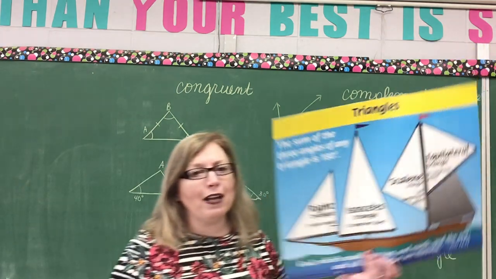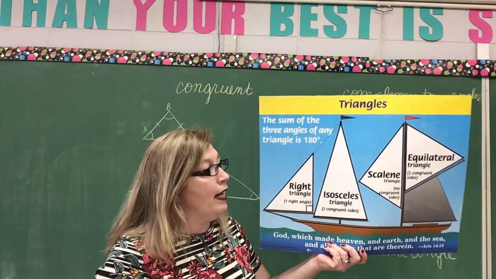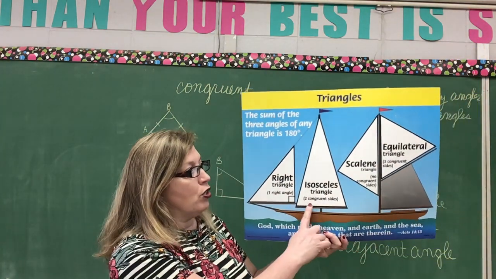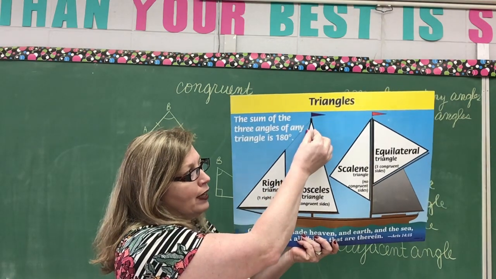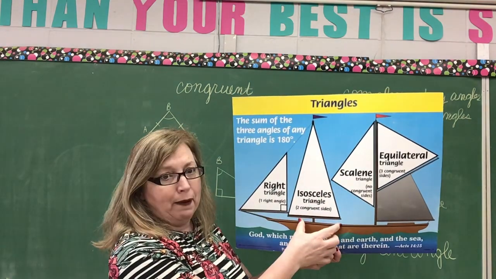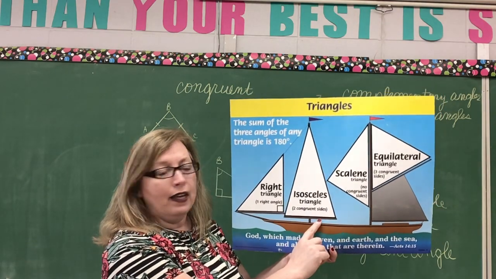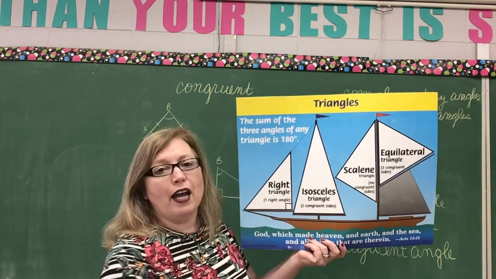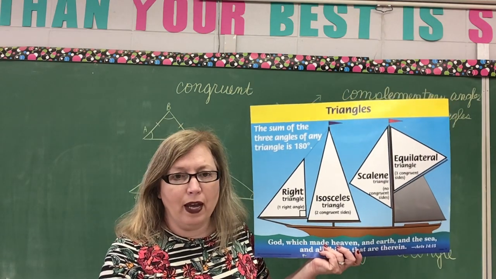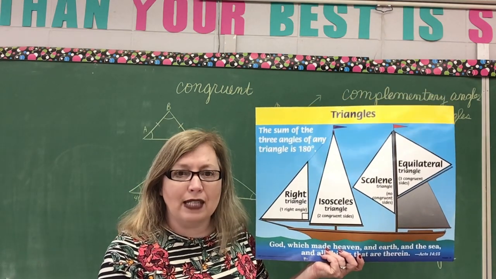Now, let's look back at my poster for a second. If I have this very tall, skinny triangle, notice how these two sides are the same in length. This side is a different length. This side and this side are congruent, okay? Meaning those two sides have the same measurement.